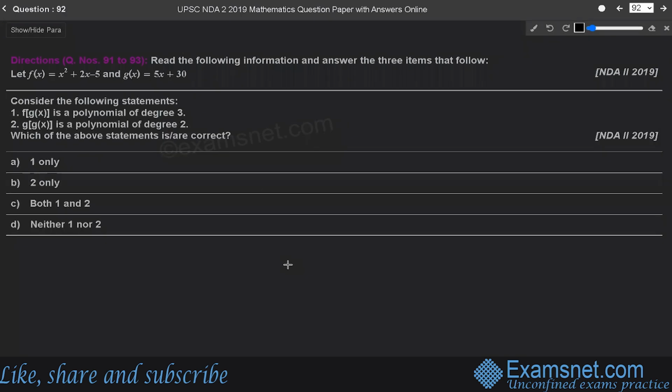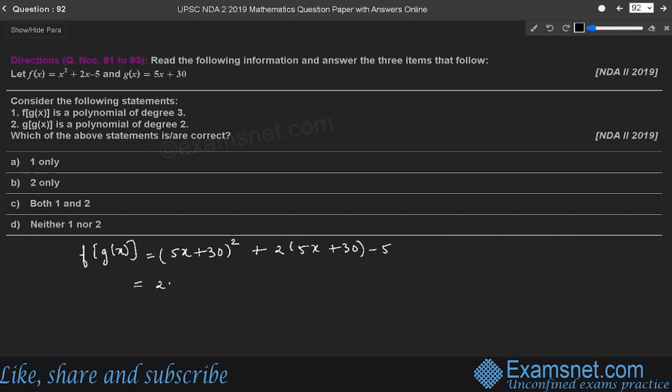Next question also has the same directions. Consider the following statements. First statement is f of g of x is a polynomial of degree 3 and second statement is g of g of x is a polynomial of degree 2. Which of the above statements is or are correct? So f of g of x will be equal to (5x plus 30) whole square plus 2 into (5x plus 30) minus 5.